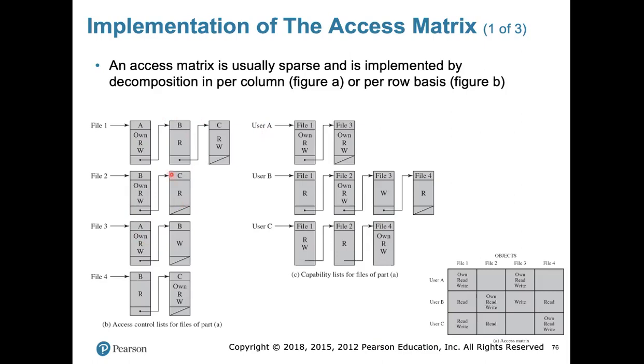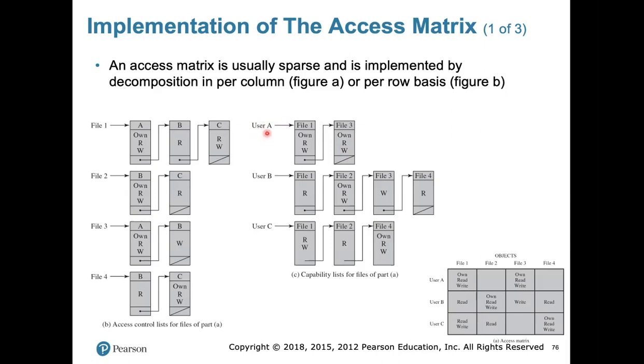Every column is now stored as a list, and each list refers to one object, file 1, file 2, and so on. But we can also separate the matrix based on rows, and each row now refers to one user. And these are all the rights that user A has.